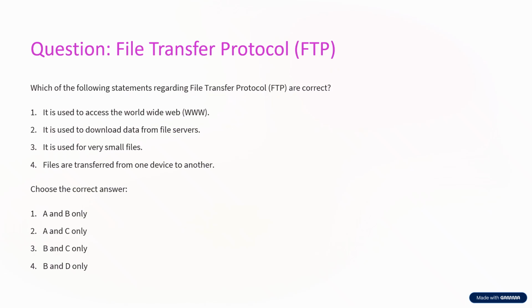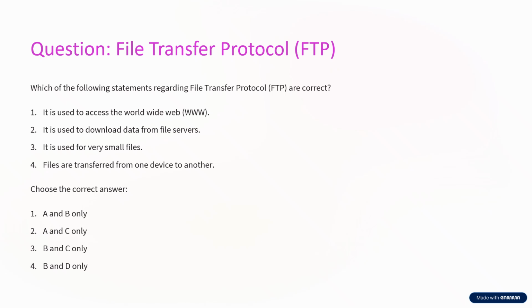The next question is related to the file transfer protocol. The question is: which of the following statements regarding file transfer protocols are correct? A: it is used to access the World Wide Web. B: it is used to download data from file servers.